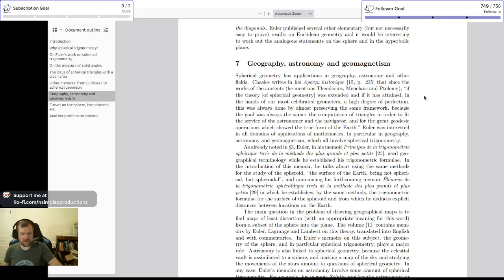The main question in the problem of drawing geographical maps is to find maps of least distortion, with appropriate meaning for this word, from a subset of the sphere into the plane.